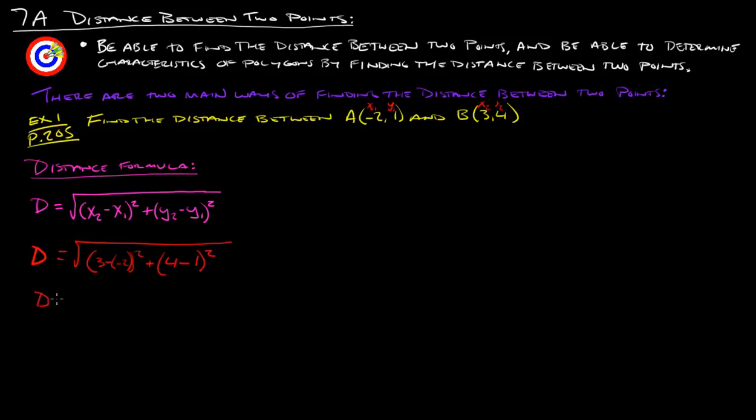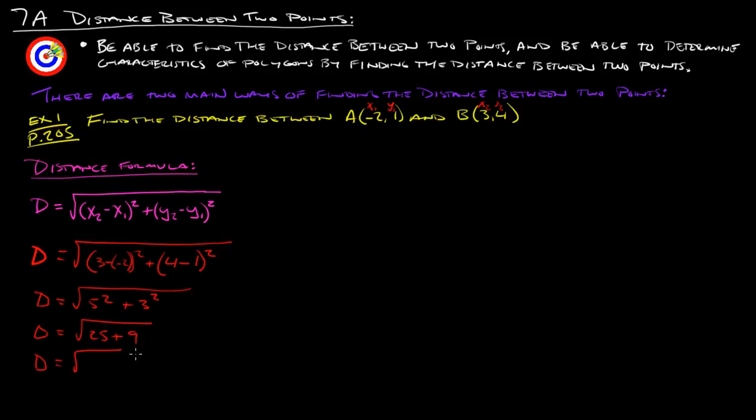So the distance is going to be the square root of a minus and a negative, so that's 3 plus 2, which is 5 squared, plus 4 minus 1 is 3 squared. So the distance is the square root of 5 times 5 is 25, plus 9.